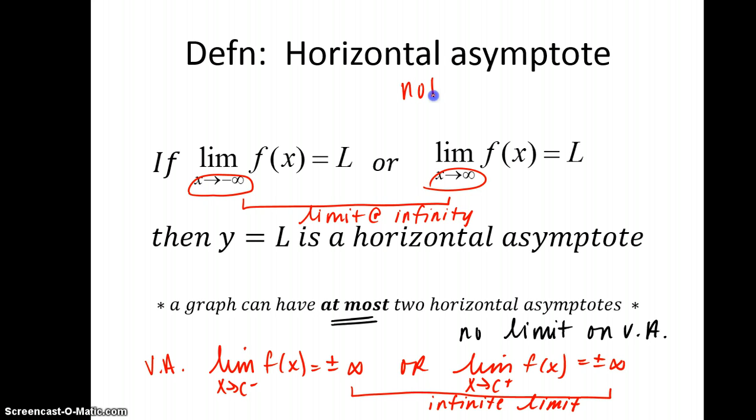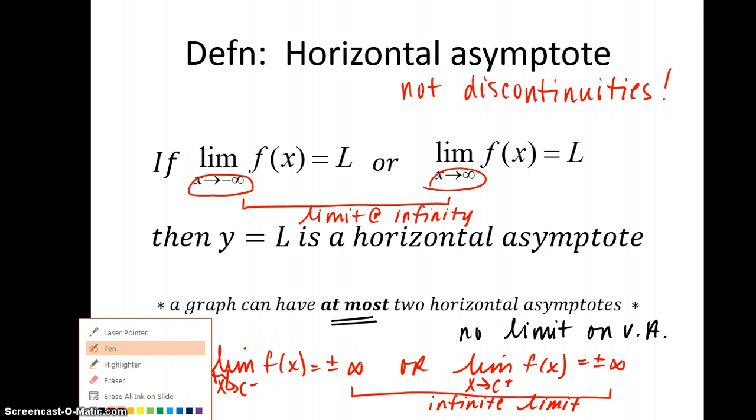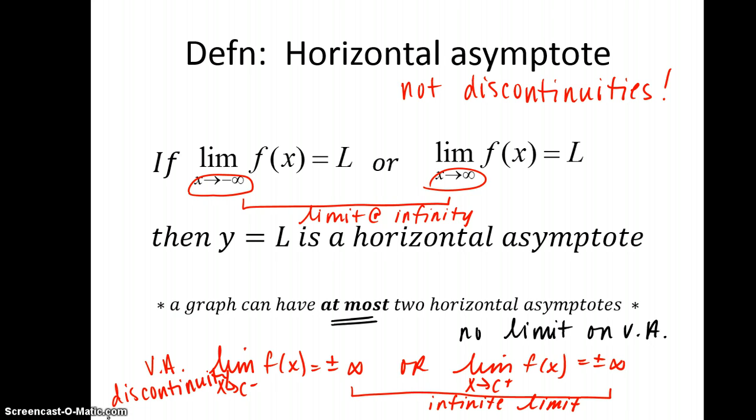Horizontal asymptotes are not discontinuities. Okay, not a discontinuity. Vertical asymptotes, we know, do come from a discontinuity on the function. Okay, and we'll look at some examples, and hopefully the difference between those two will become very apparent.